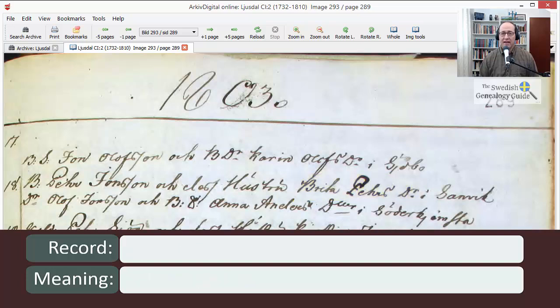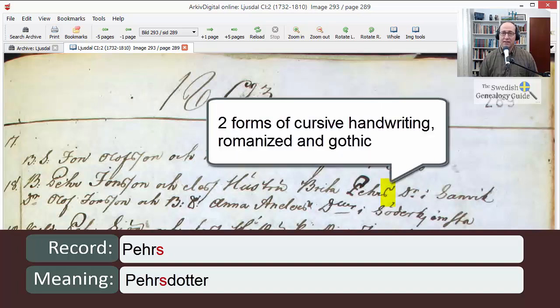And if you look at the last letter on the word Pers, you see this is actually a lowercase s written in the Gothic style of handwriting. And so what we have here is an entry that was written in two forms of cursive handwriting.